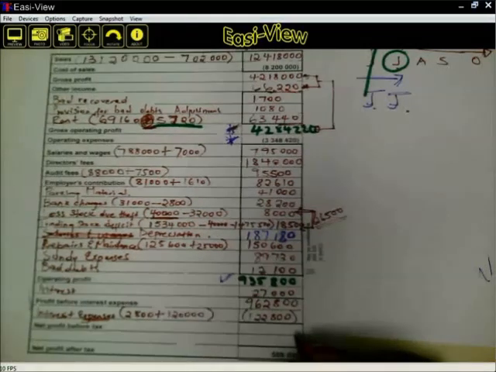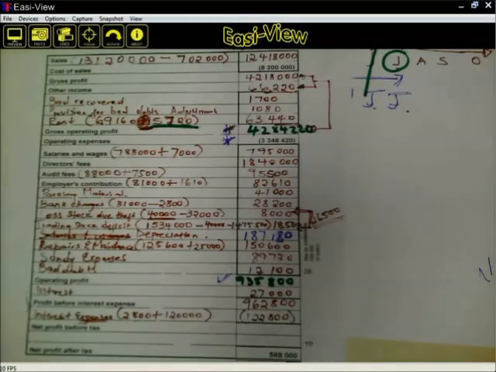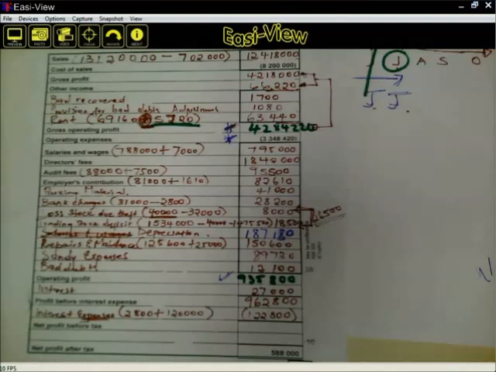Then you must subtract your interest expenses. Your interest expenses is how much? It's 122,800. Then you have 840,000.